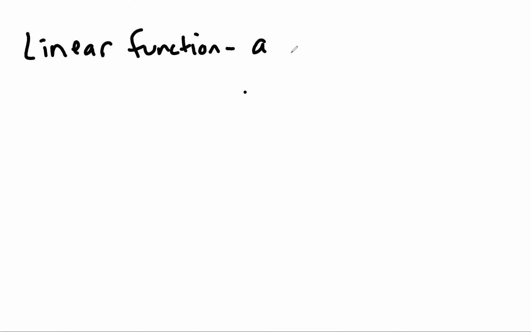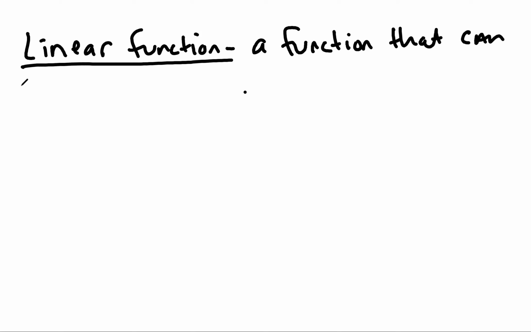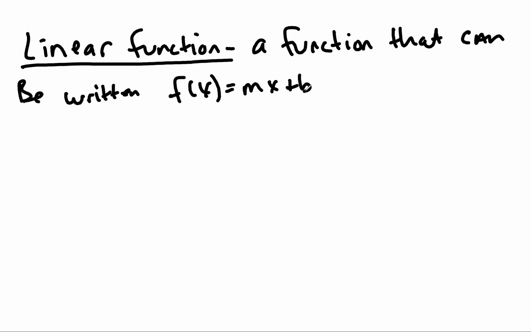Thank you, though. Okay, so the very first thing in this section is talking to us about linear functions. A linear function is just a function that can be written like this. f of x equals mx plus b.